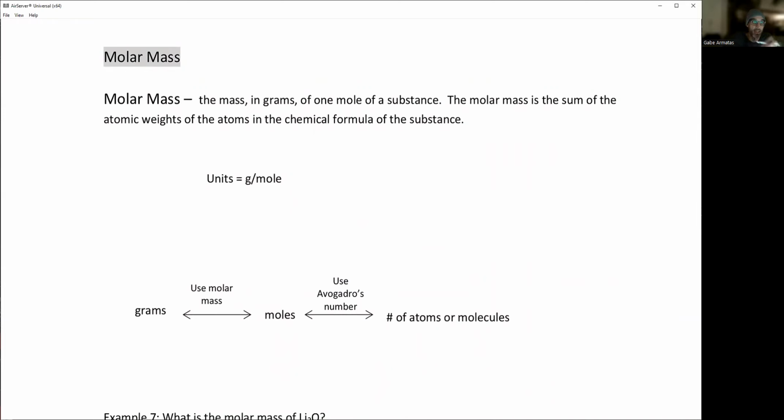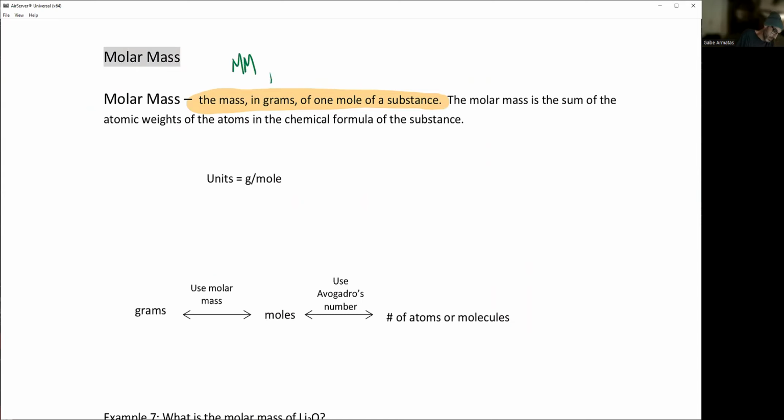Molar mass is the mass in grams of 1 mole of a substance. So we've already done this calculation, but you're going to see this a couple of ways. Molar mass, we usually see MM.